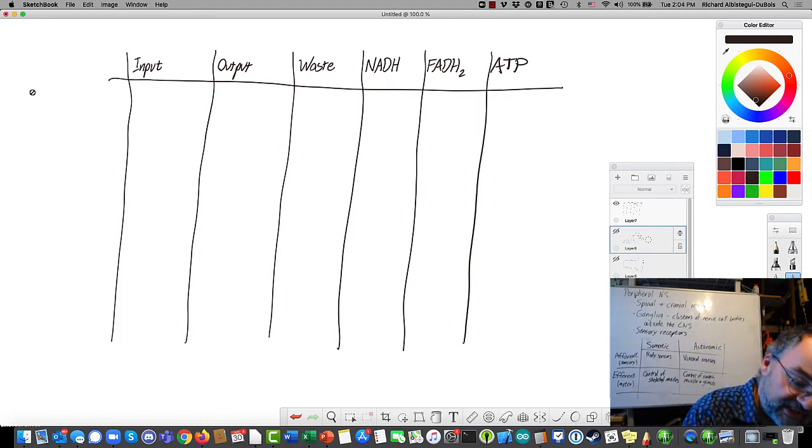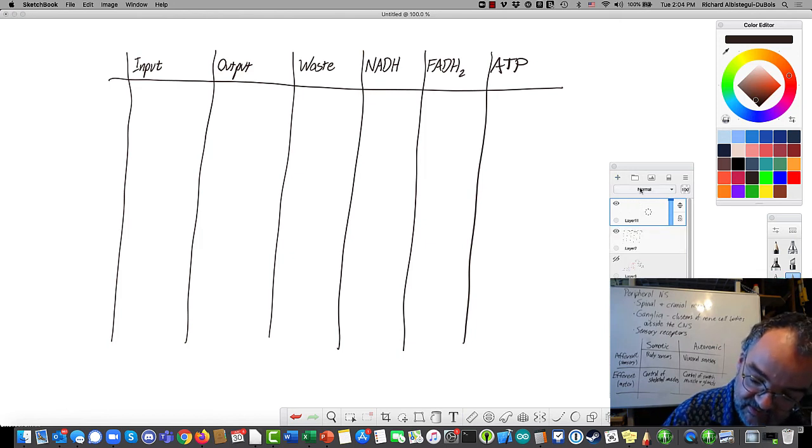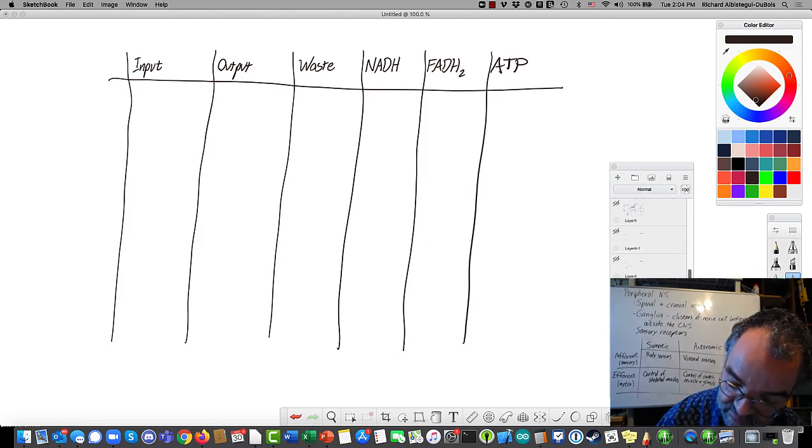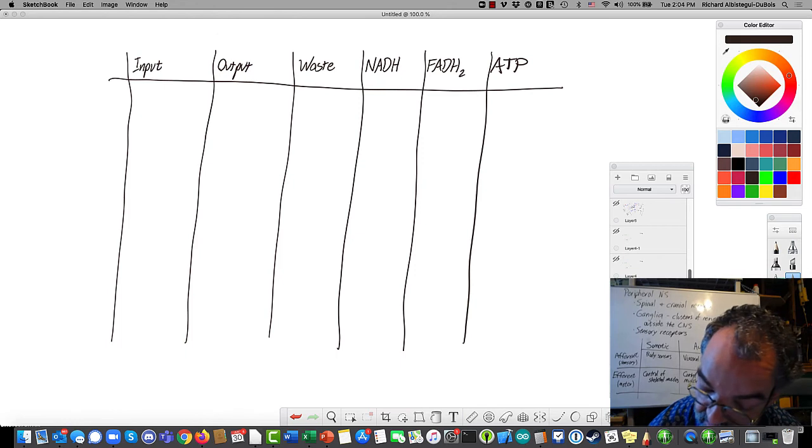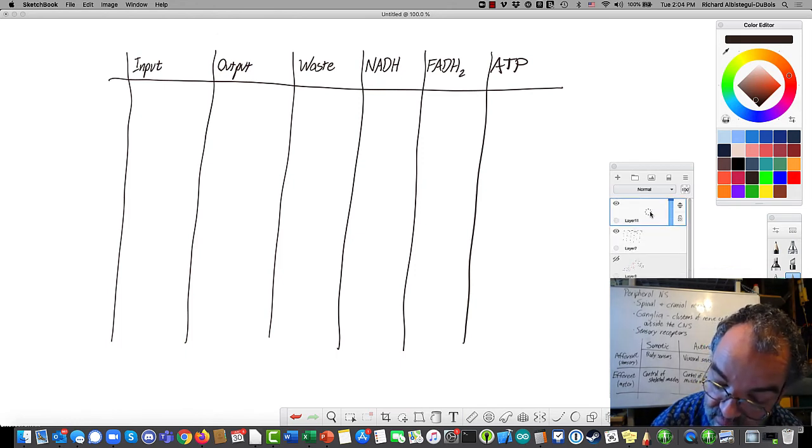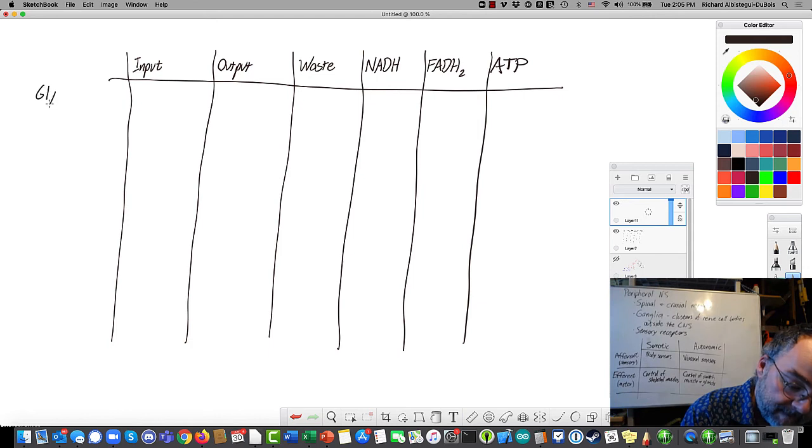So in our first stage, glycolysis. Our first stage, the input was 1 molecule of glucose.